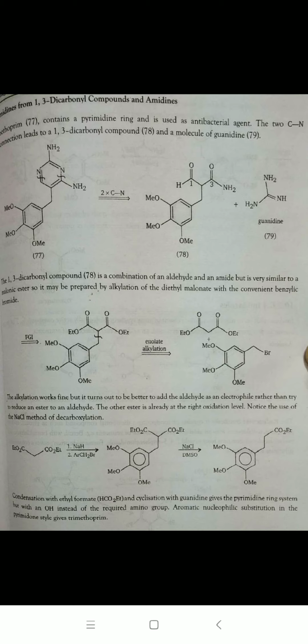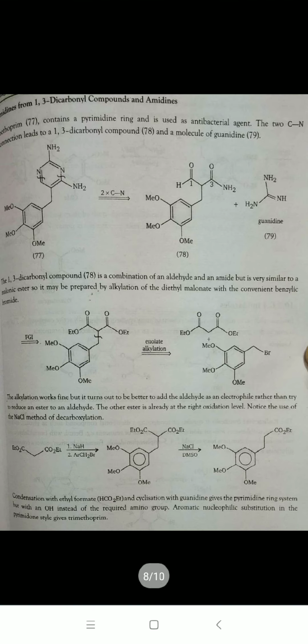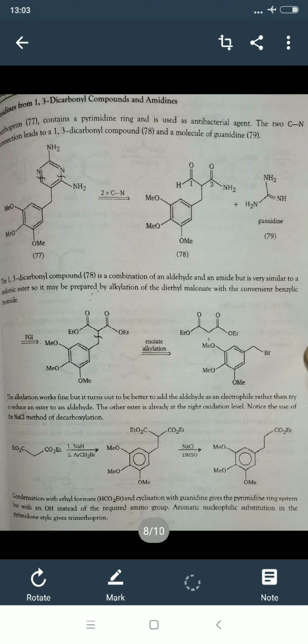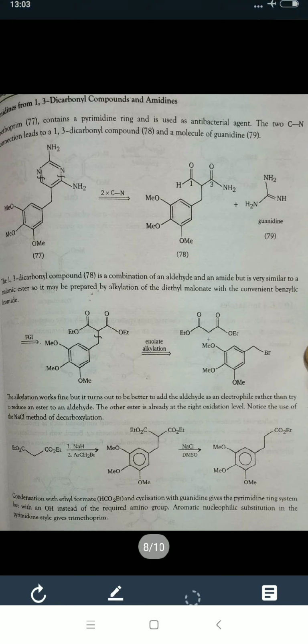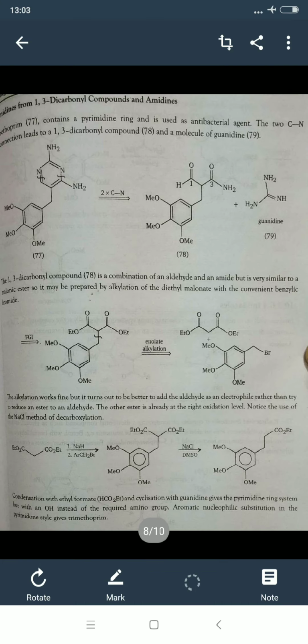So here the fragmentation gives this 1,3-dicarbonyl compound, and this second one is similar to diethyl malonate, and this is the trimethoxybenzylic bromide.